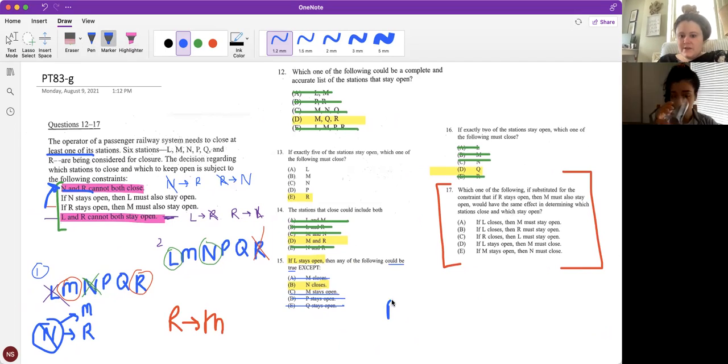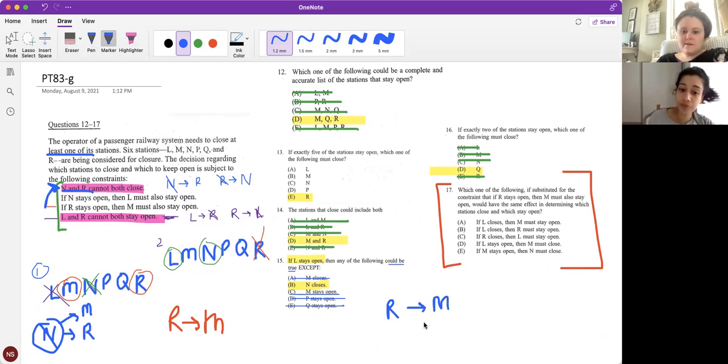Let me look at this again. So we're saying if R, we must have M. So I want something that does that. So if R, M. We were leading with the M. We need something that gets us to M. So now I'm going to look at the second rule, that L and R cannot both stay open.